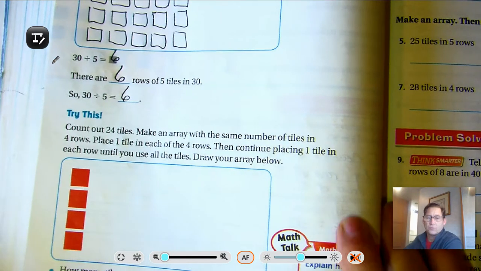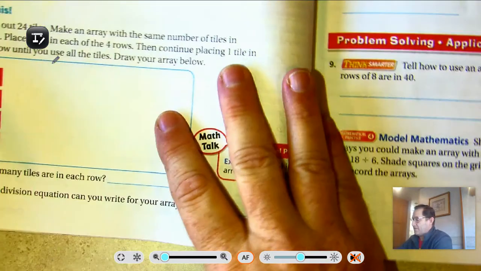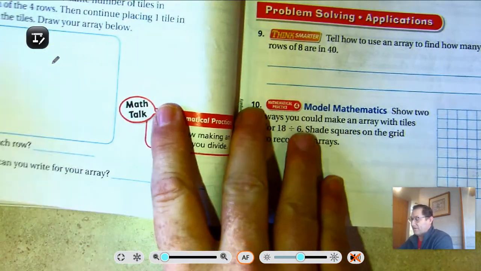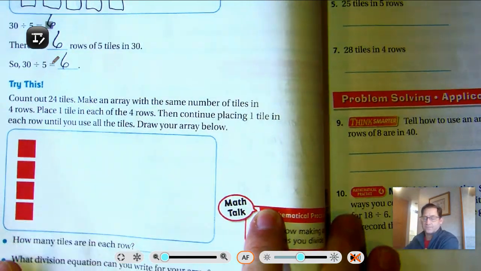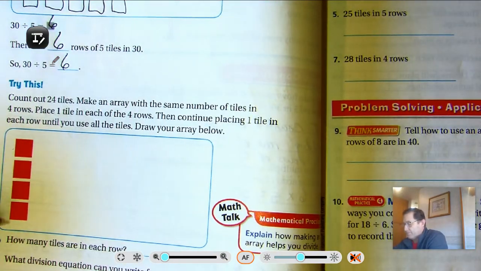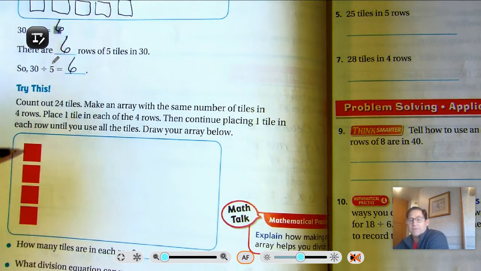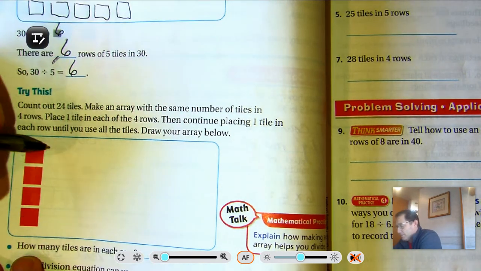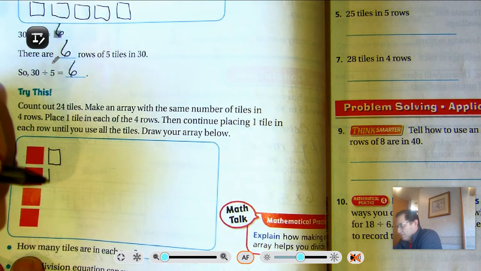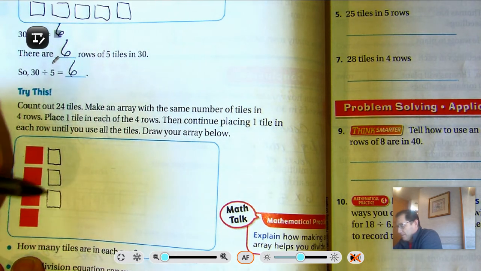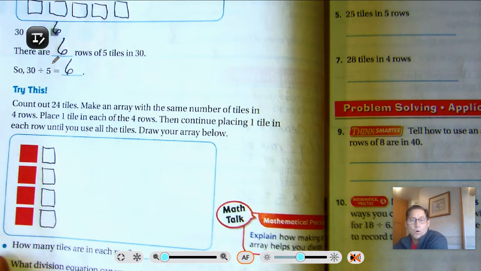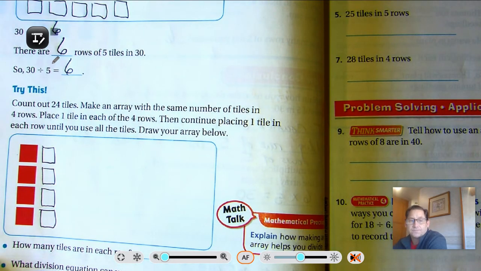All right, count out 24 tiles. Make an array with the same number of tiles in 4 rows. Okay, so here we're going to put out 4 rows first. Okay, and we're going to keep adding to the rows until we've used all 24. So we're going to add 1 to each row until we've used all 24.